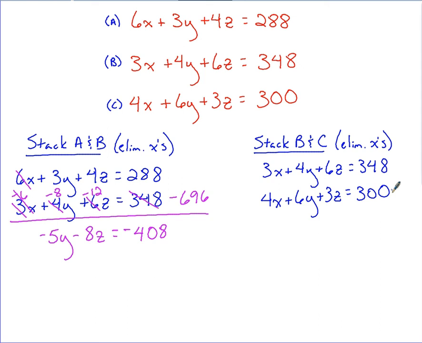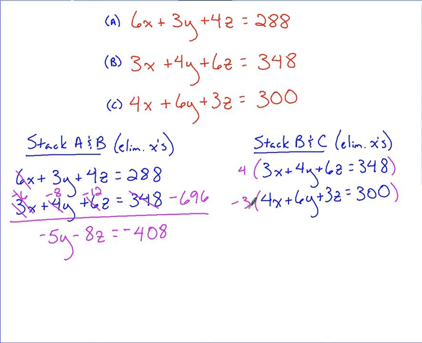We're going to eliminate the x's. I tell you what, there's more that I'm going to have to write out here. So let's multiply this top equation by 4. Let's multiply this bottom equation by -3 to help us get rid of the x's.